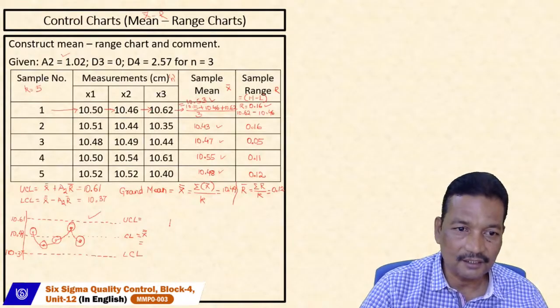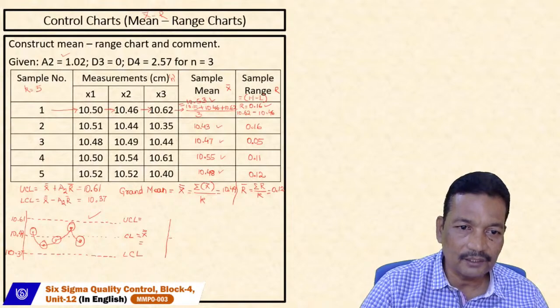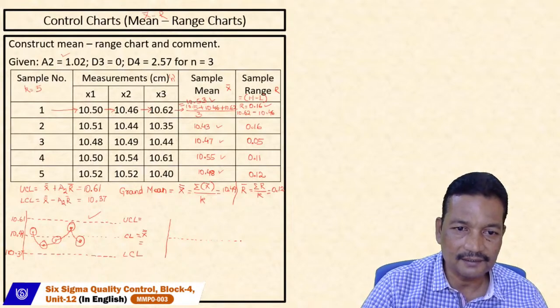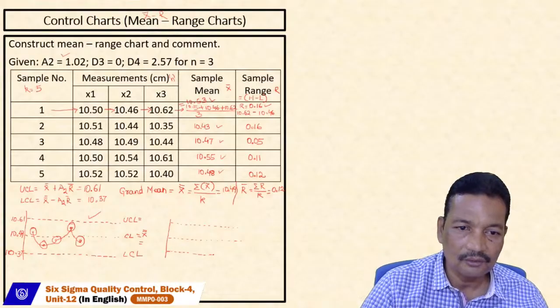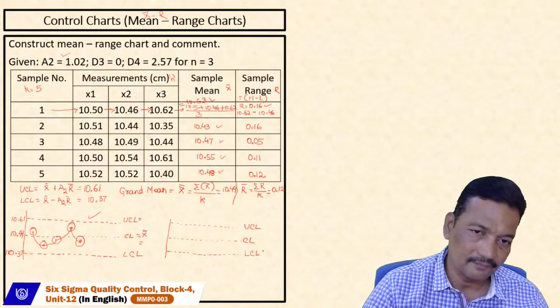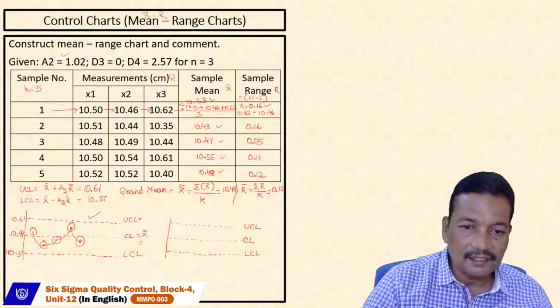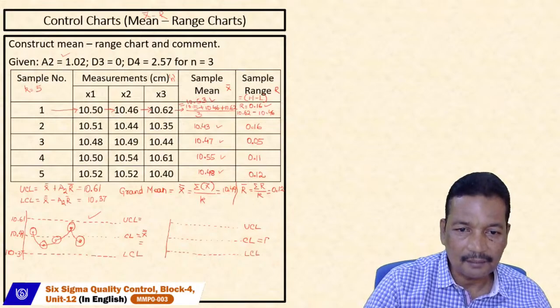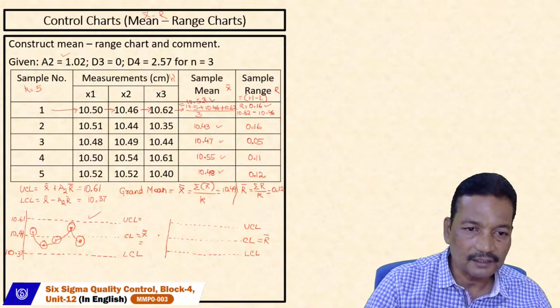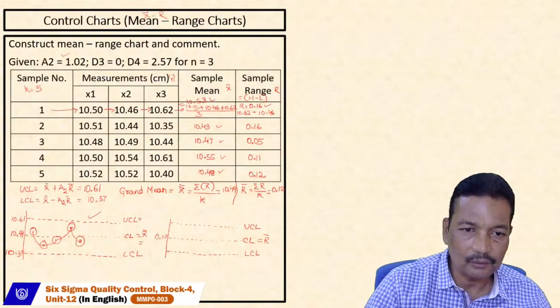Now, in this R chart, again we have three different lines. As from our discussion, we know the central limit, the upper control limit, and the lower control limit. Now, central limit is our R bar. So I can put here as 0.12.